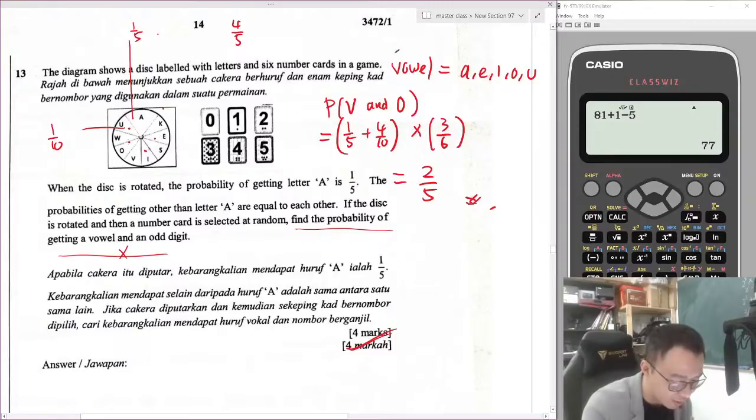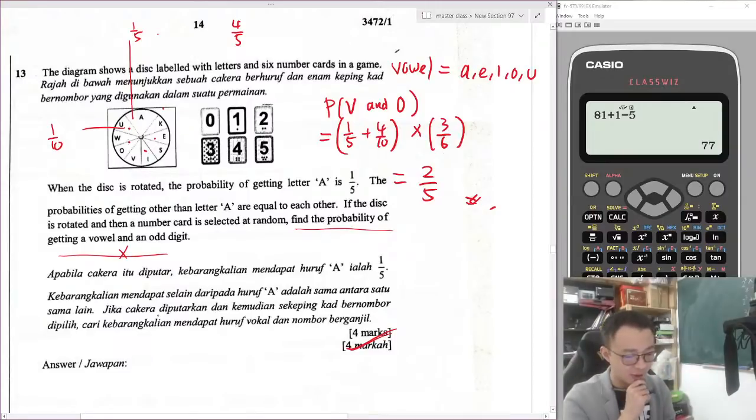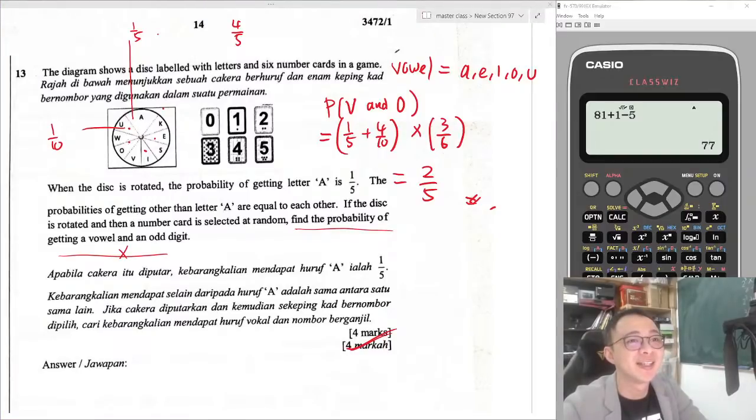Let me see, 1, 2, A, E, I, O, U. I didn't see any mistake here. But since you say there's a difference with the marking scheme, then maybe I need to check it out for question 13.